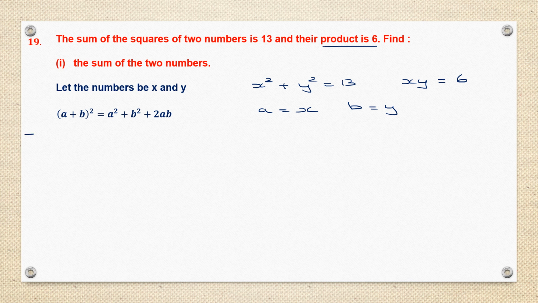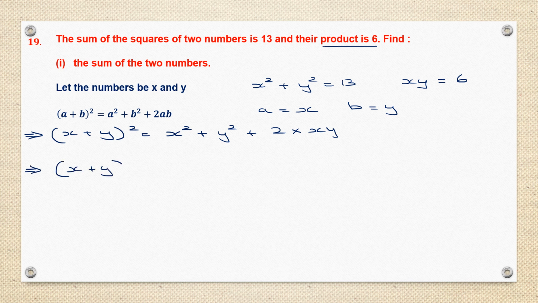So this will be a plus b the whole square, where a is x and b is y, the whole square is equal to a square, that is x square, plus b square, that is y square, plus 2ab, that is 2 into x into y, or 2xy. So here x plus y the whole square, we don't know, so we're going to leave it as it is.